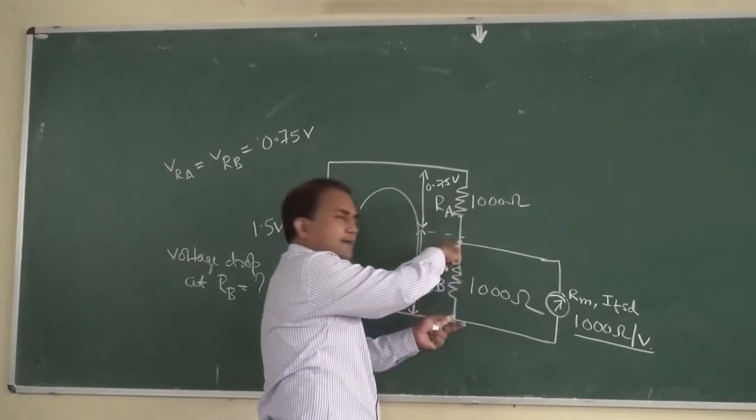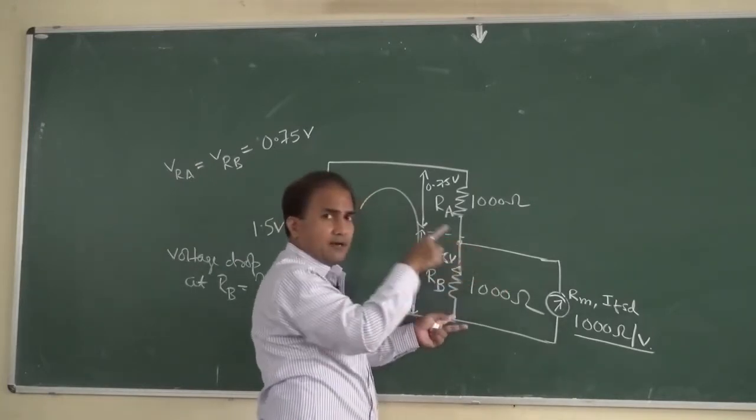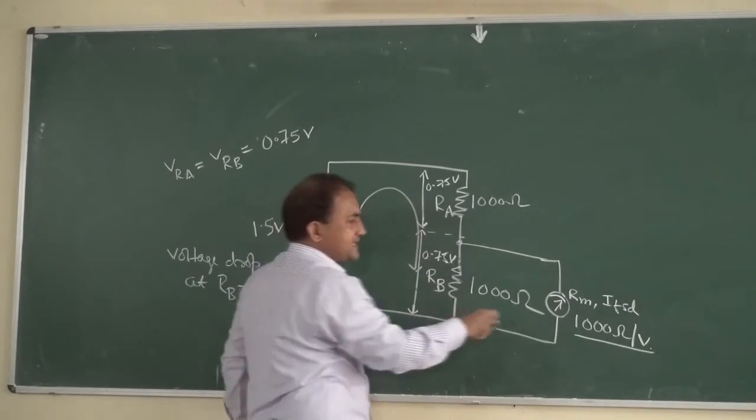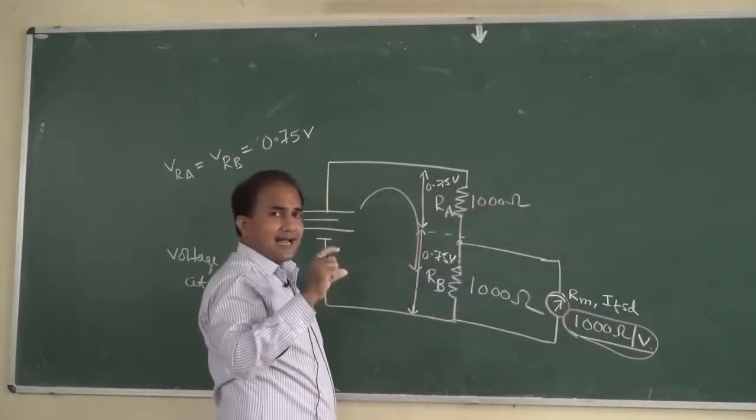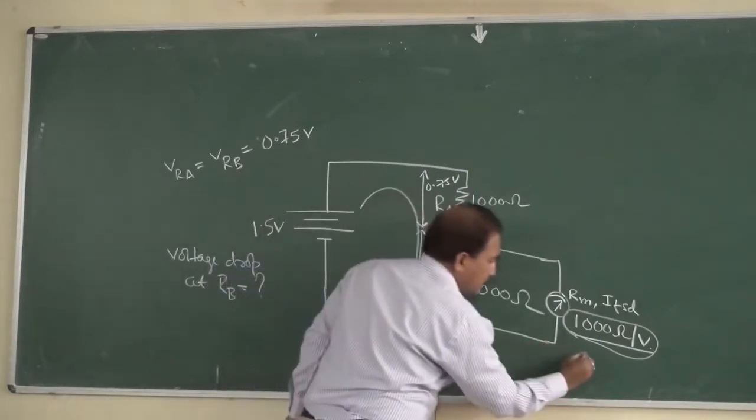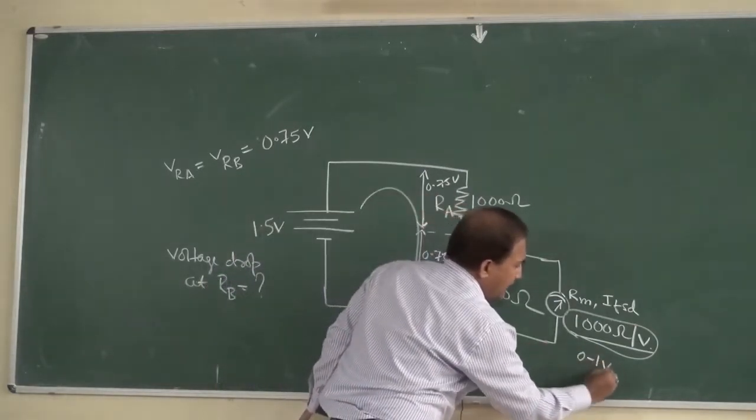Now if we want to measure the voltage across RB by using a multimeter whose sensitivity is 1000 ohm per volt, and the knob is set at the 0 to 1 volt range.